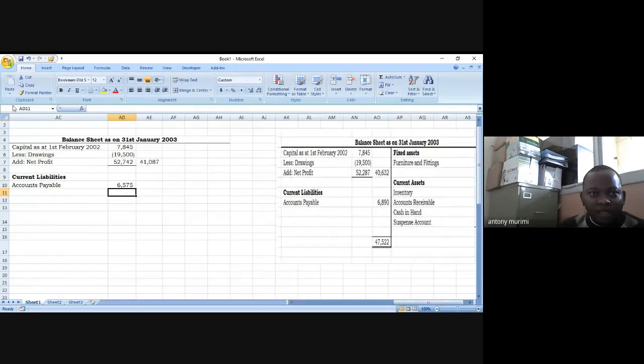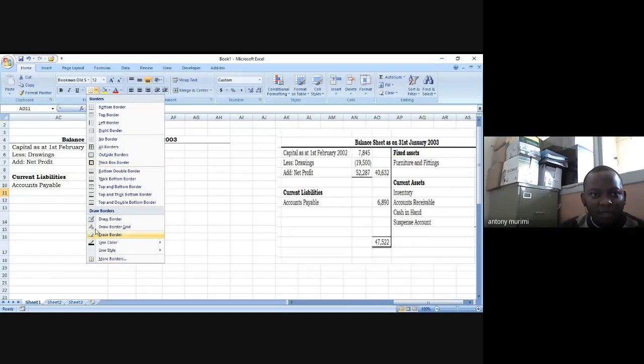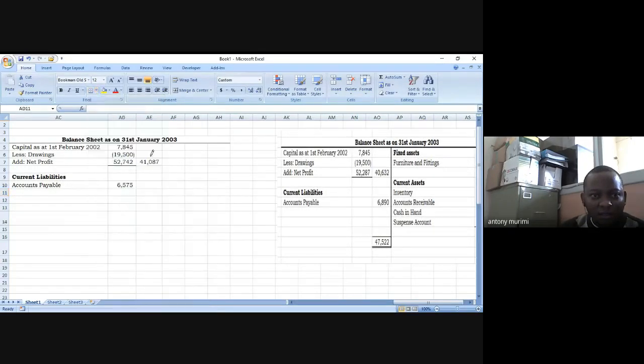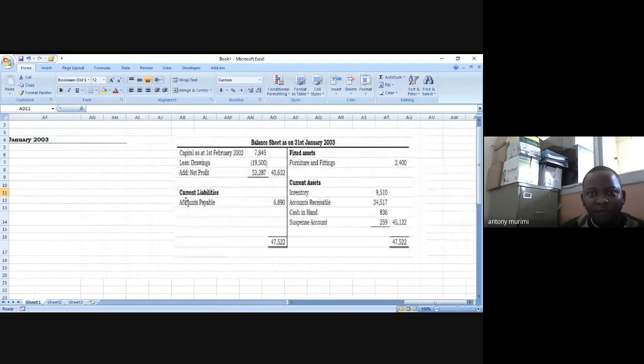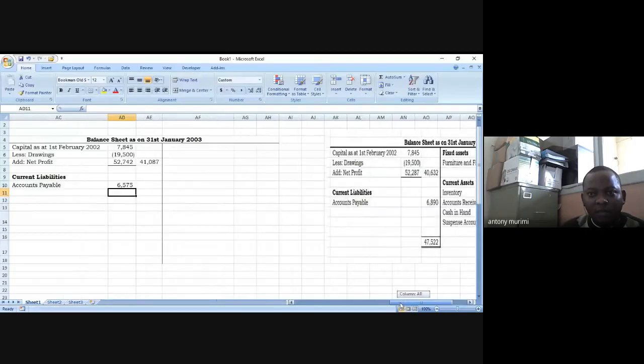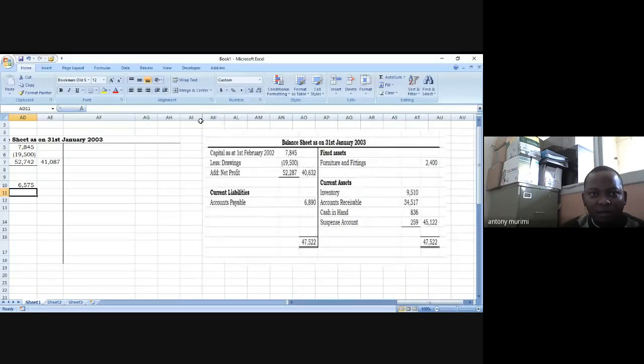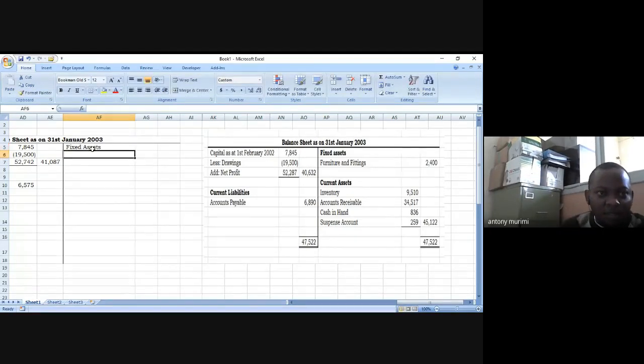So we proceed to the other side of the balance sheet, fixed assets.